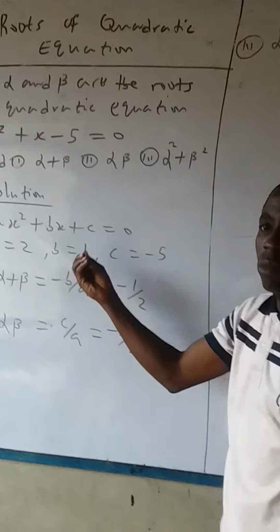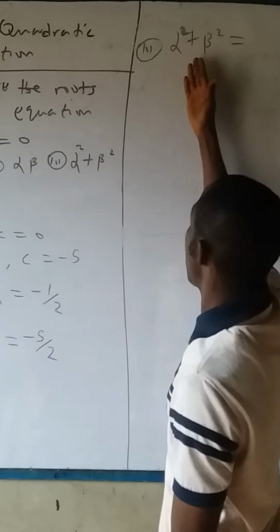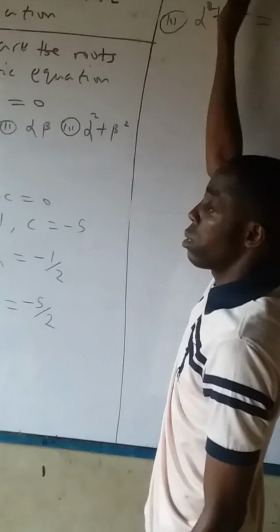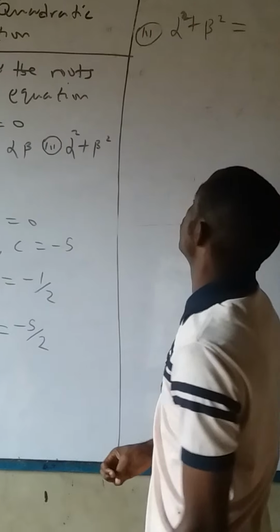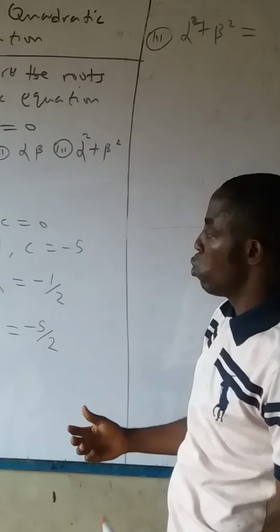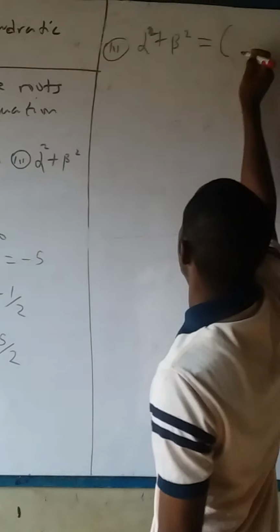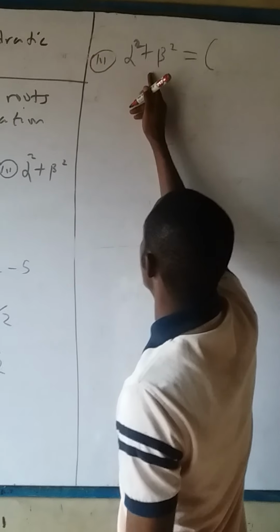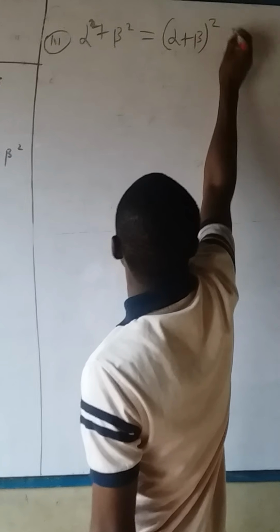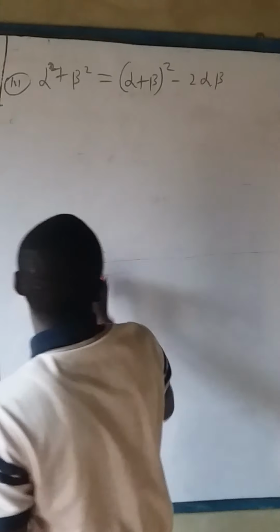I have the sum and I have the product, but I don't have the sum of alpha squared plus beta squared. If I want to solve this, I need to consider the sum and product. That is, alpha squared plus beta squared is the same thing as (alpha plus beta) squared minus 2 alpha beta.